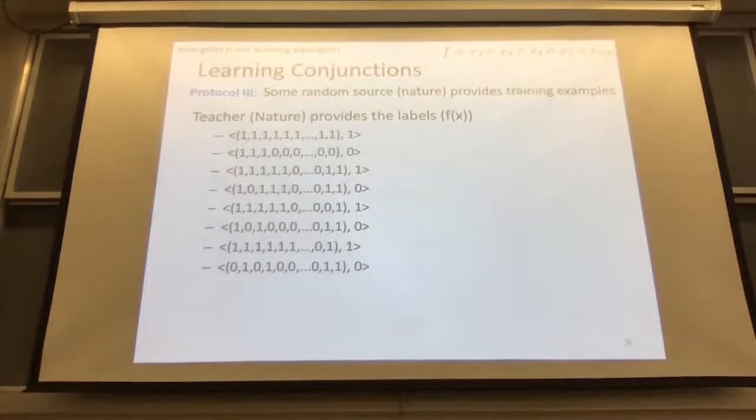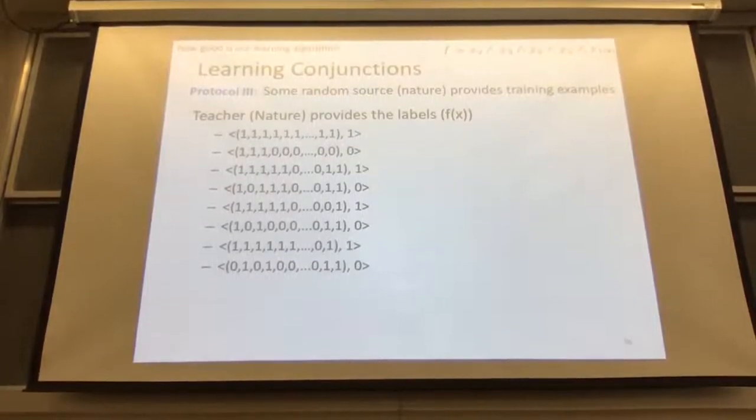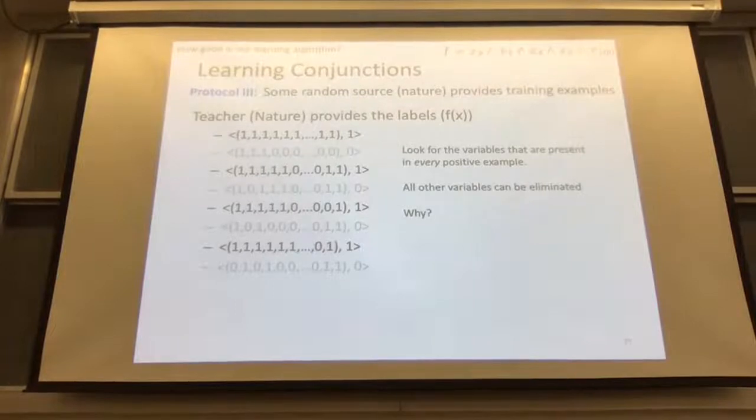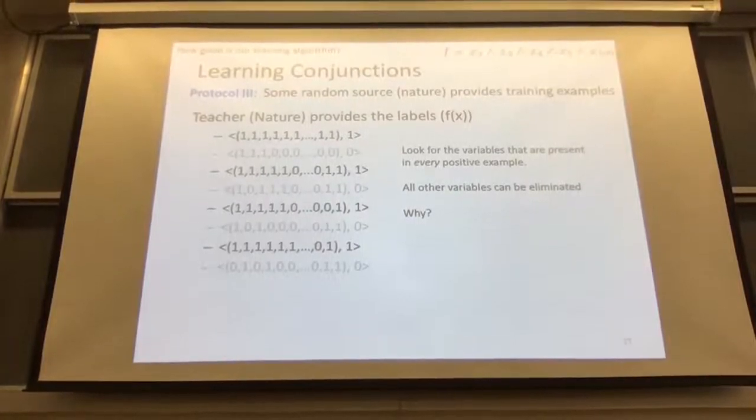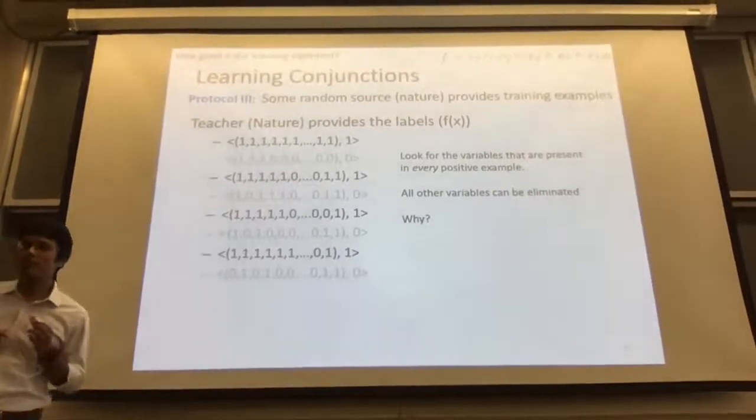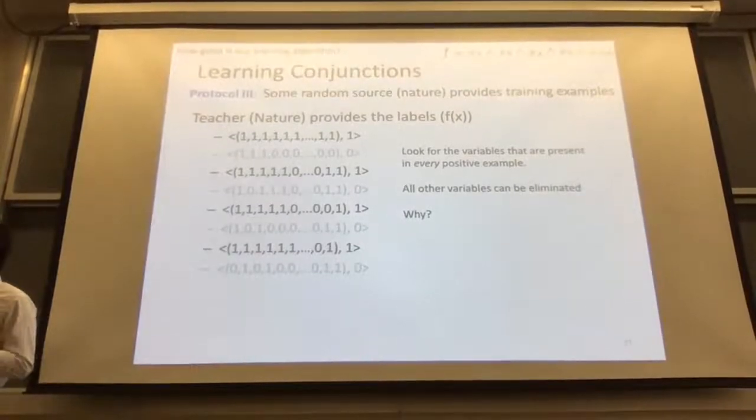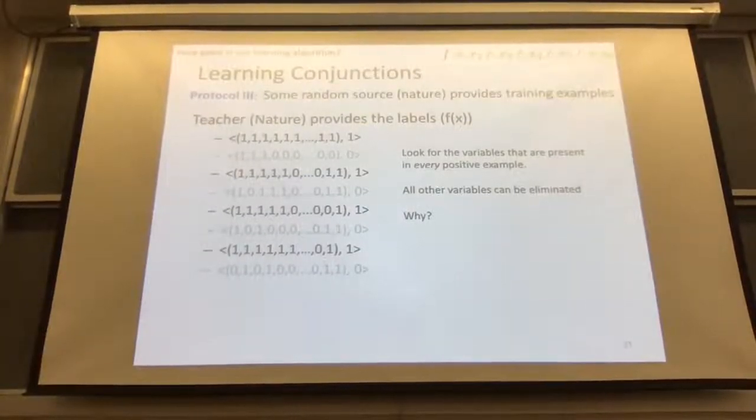As a result, the learner has to do what it can with this data. So one easy algorithm that would work with this kind of data: if you throw out all the negative examples, you're left with these 4 highlighted rows.